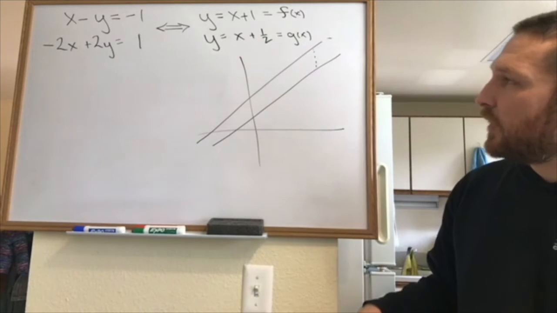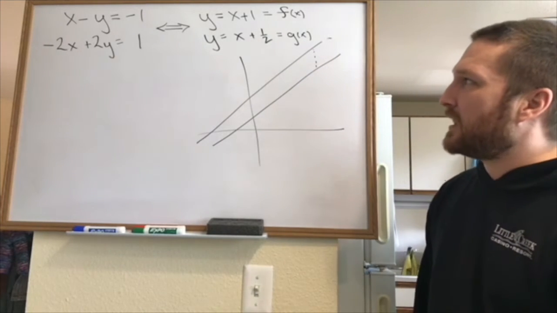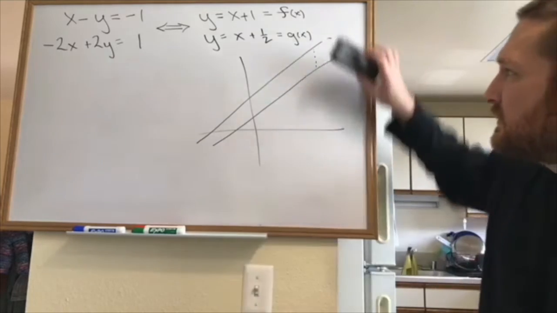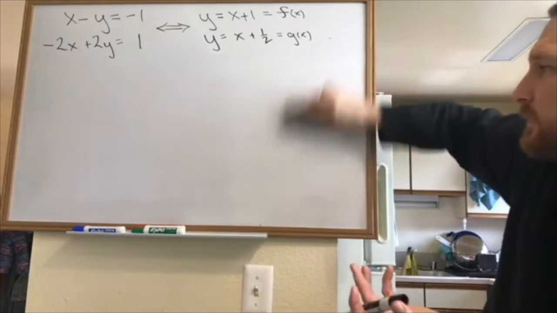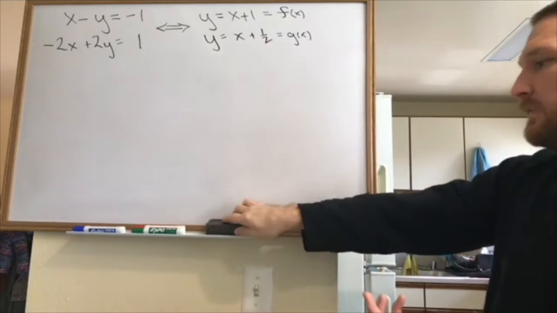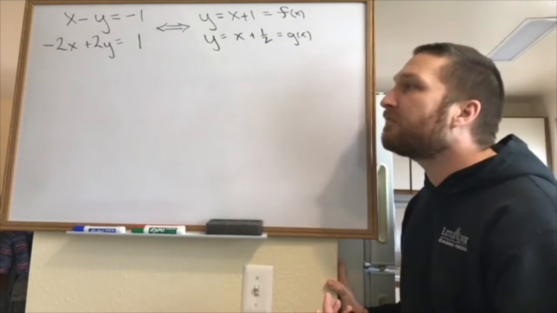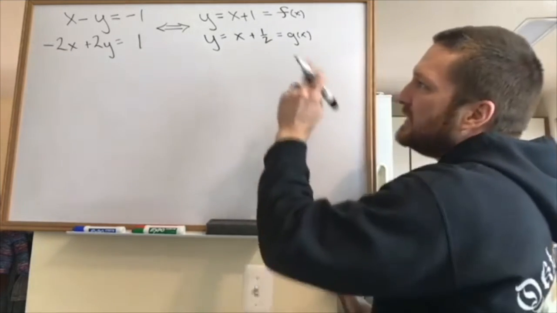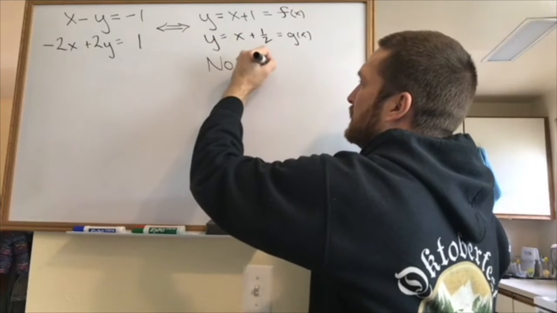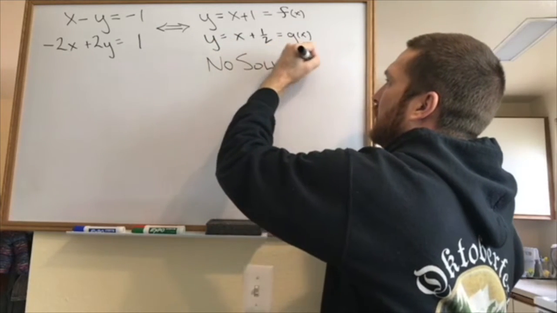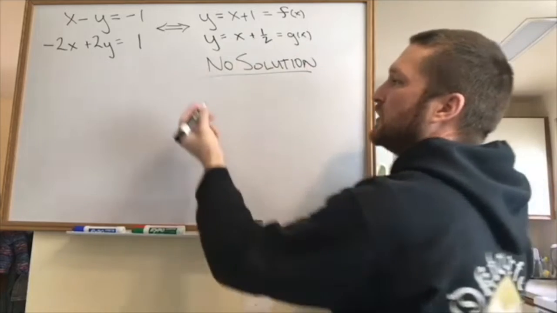So, okay, what does that mean for us? Well, in this case, we could see from the picture and from the fact that we got something contradictory, 0 is not equal to 1/2, right, that there is no solution to this system. That is, the system has no solution.